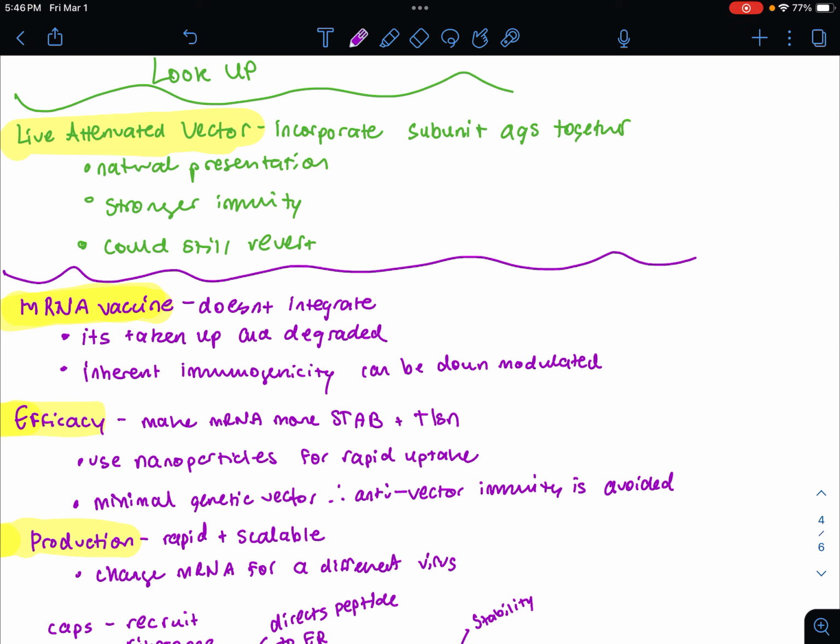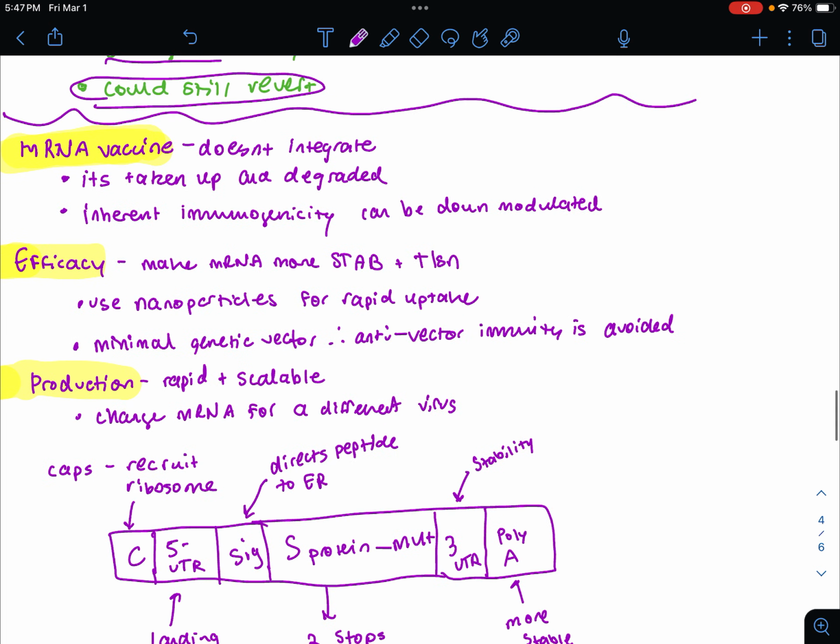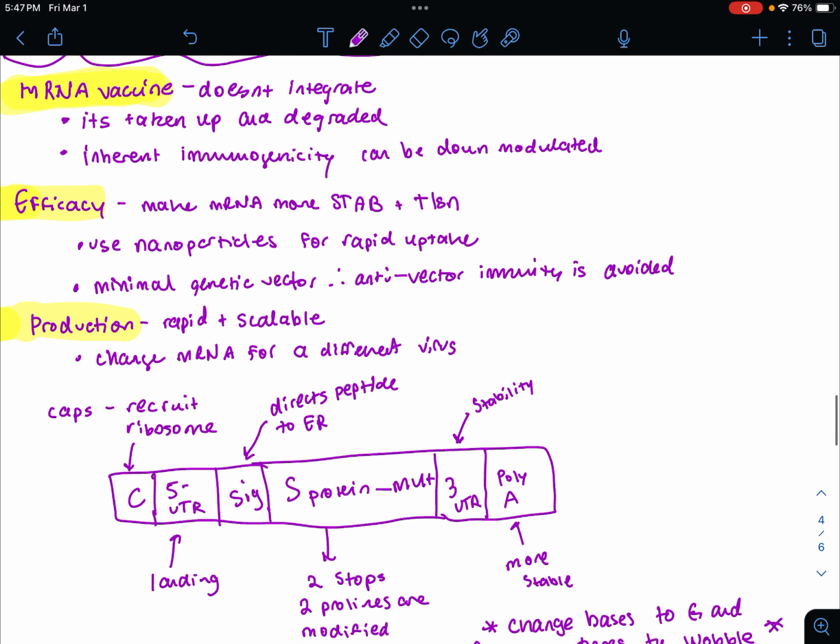This is going to present the antigen in a natural means. You're going to then have a stronger immune response, and you could also use smaller doses. However, this could actually still revert. Remember, live vaccine could still revert, or it could act as a virulent strain in a weakened host. So again, that idea of immunocompromised people.